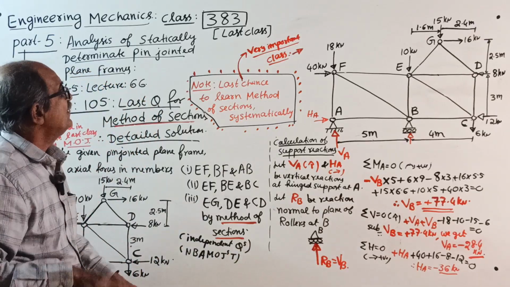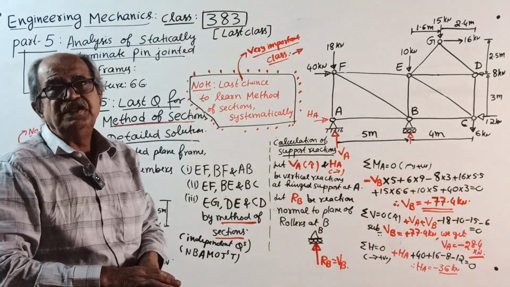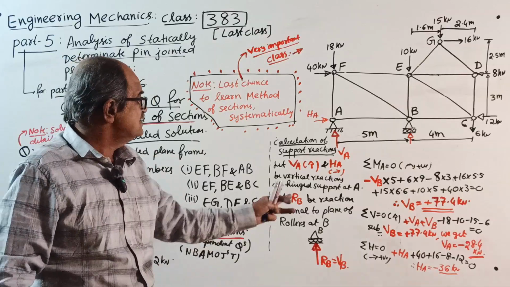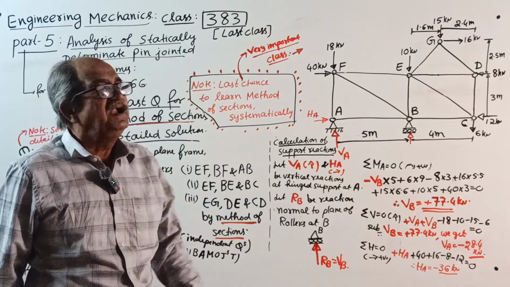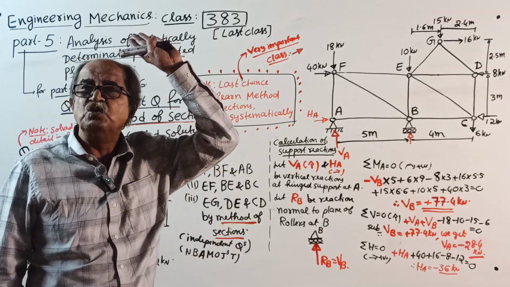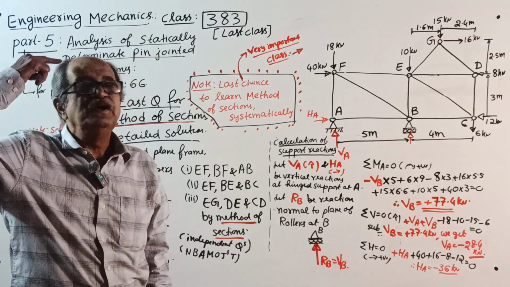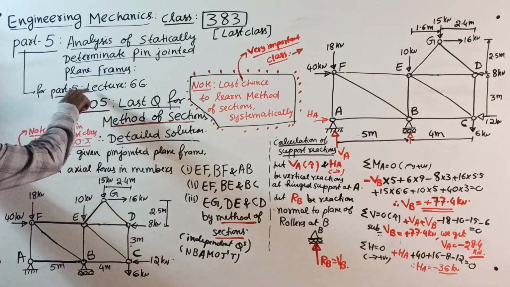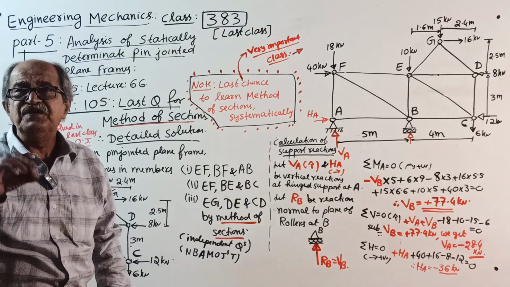But one thing you have to bother about: when you find support reactions, whether it is method of joints or method of sections, it is the same. Last class, actually, support reactions I should not explain. It is already over in part 2. So many examples given, and in method of joint question number 105, in the beginning I used to explain reaction very systematically.